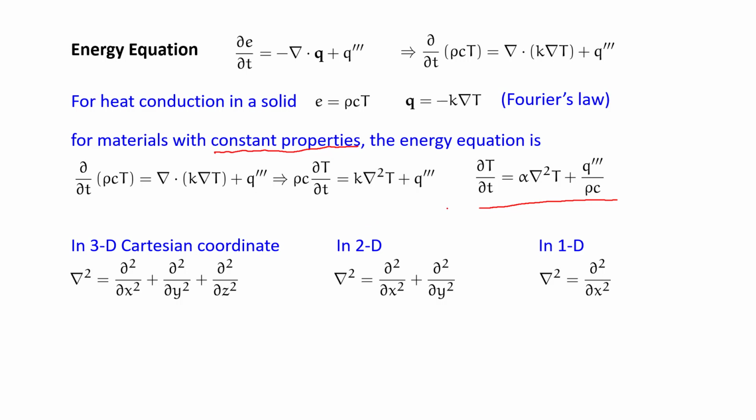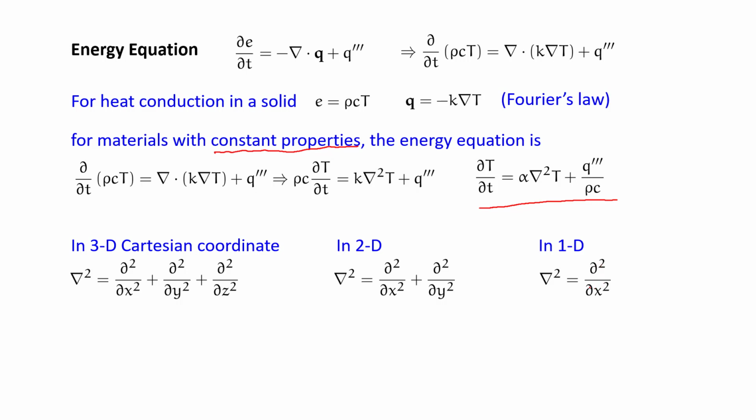In three-dimensional Cartesian coordinates, this del squared, which is the Laplacian, will be given by del 2/del x2 plus del 2/del y2 plus del 2/del z2. In the two-dimensional case, we will drop the last part and we will have only del 2/del x2 and del 2/del y2. In one dimension, we drop the second part as well, and it will be del 2/del x2.